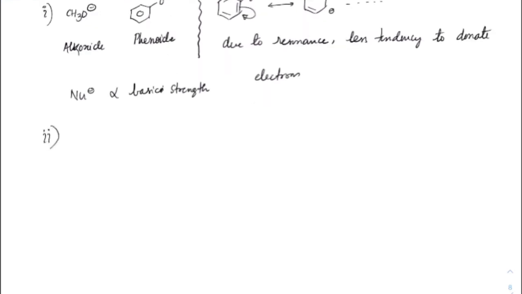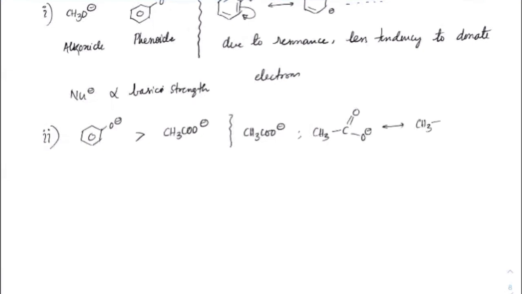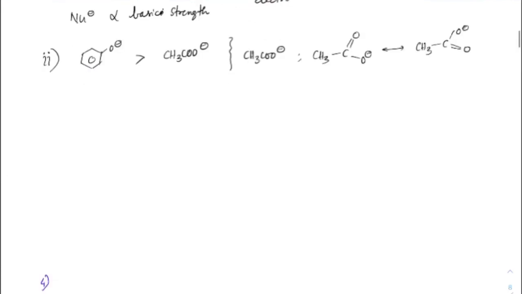So the same can be applied when you have phenoxide and CH3COO minus. Out of these two, phenoxide is better because CH3COO minus is a weaker base, as it is more stable due to its equivalent resonating forms. I'm not writing the reasons because these are all things which you know.